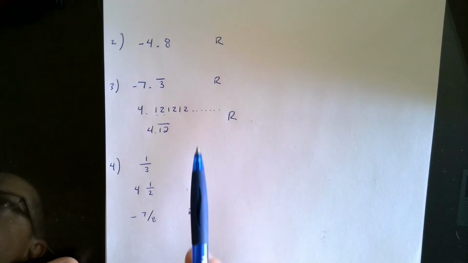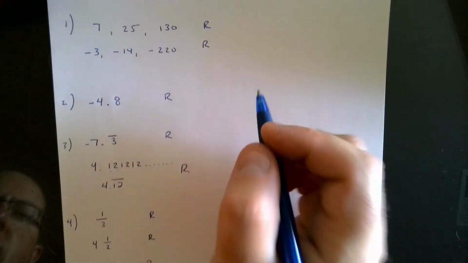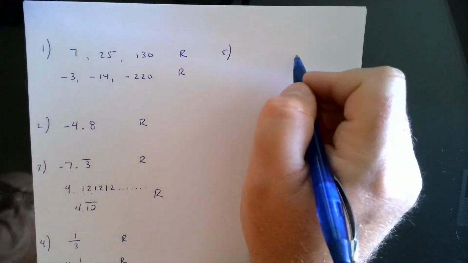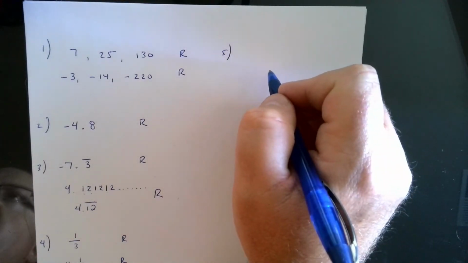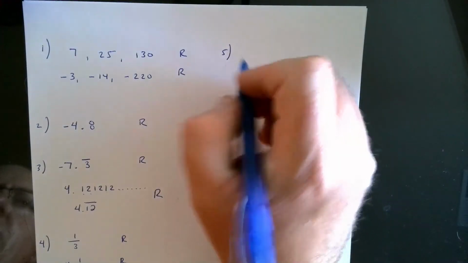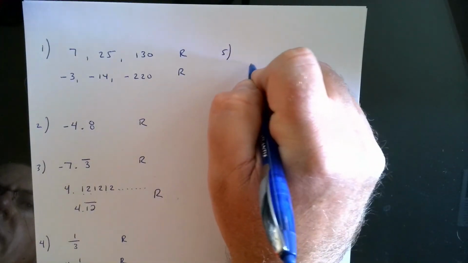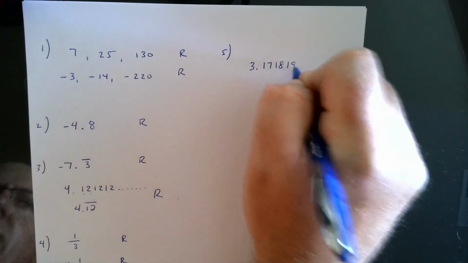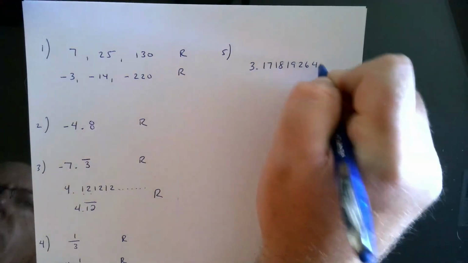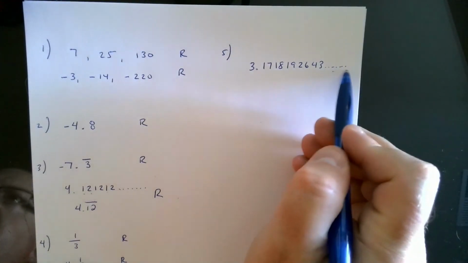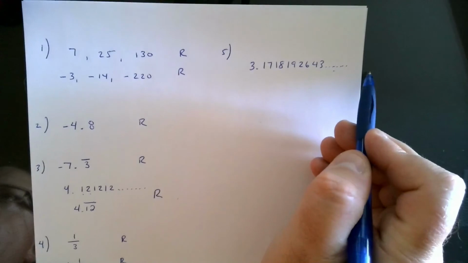So what are the irrational numbers? Irrational numbers are numbers that go on and on and on forever, that do not terminate, do not stop, or do not repeat, and they're in decimal form. So if we have 3.1718192643..., you notice with the dots, it's telling you it's going to keep going.